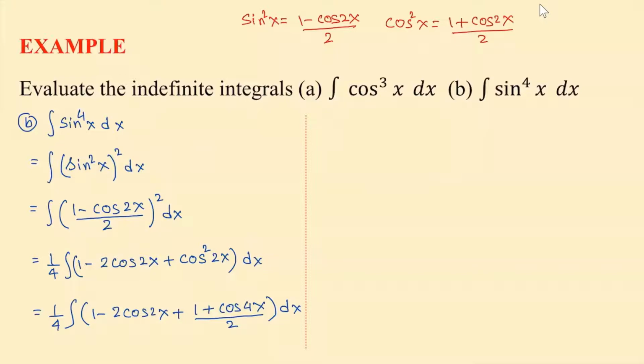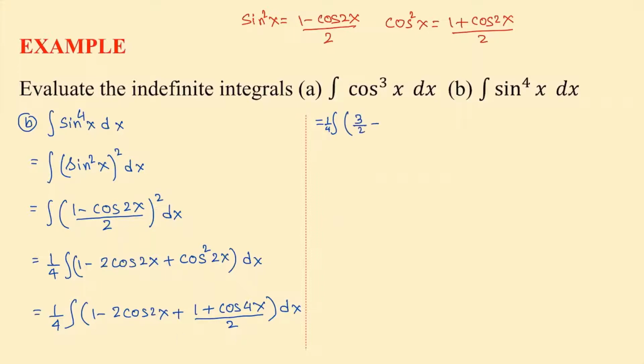Okay, this will be equal to integration of... Now we need to look at this carefully. We have 1/4 outside, so I'm going to write that 1/4 outside. Here is 1, and over here we have 1/2. Here is 1, and then plus 1/2. 1 plus 1/2 is 3/2.